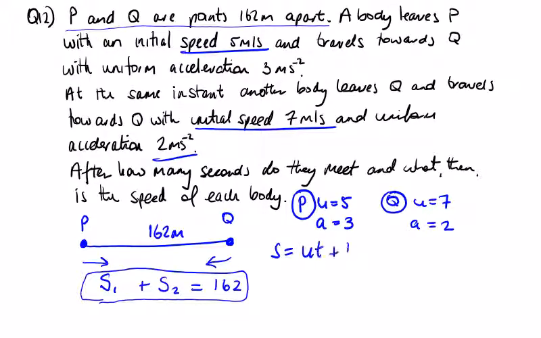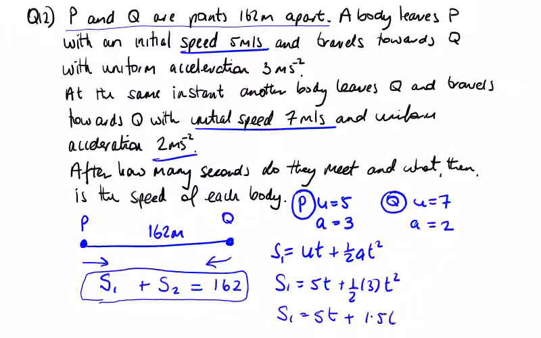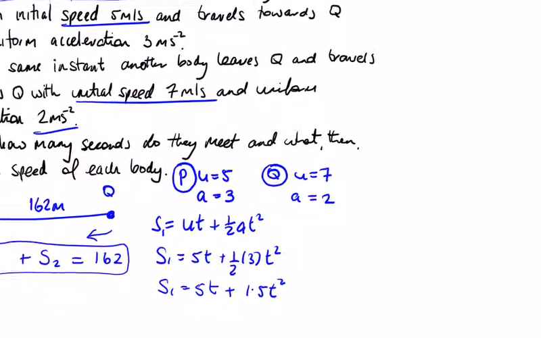So s is equal to ut plus a half at squared. The unknown is going to be t. So we'll call this s1 for P. s1 is equal to 5t plus a half by 3 by t squared. So distance 1 is equal to 5t plus 3 over 2 t squared, or 1.5t squared if you'd prefer.